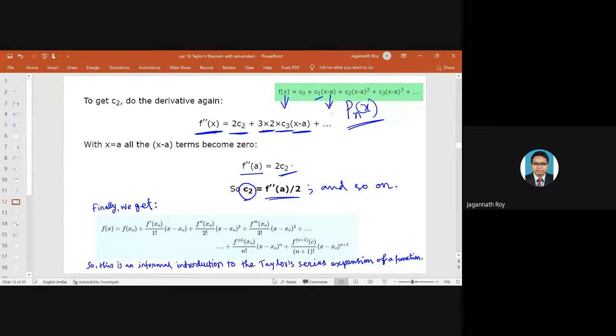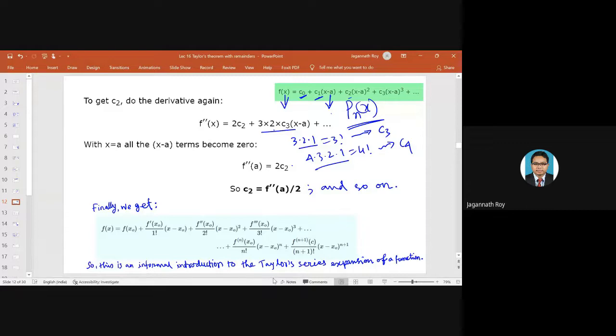The only unknowns are c0, c1, c2 and so on, and we get them by matching the values of f(x) with the help of the derivatives. Here we get c2 equals this. Now if you generalize this concept, we get 3, 2 and 1, so this becomes 3 factorial. Similarly, for the fourth order derivative, you get 4, 3, 2 and 1, so this will be 4 factorial. This relates to the value of c3, and this to the value of c4.